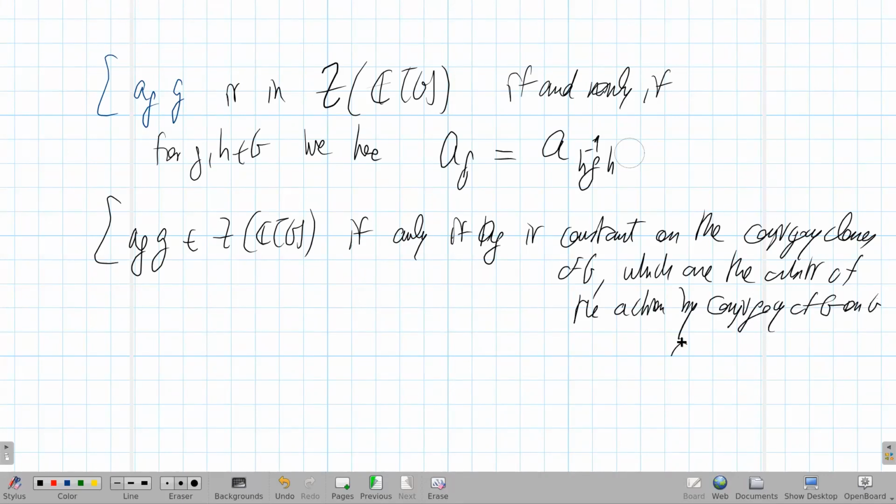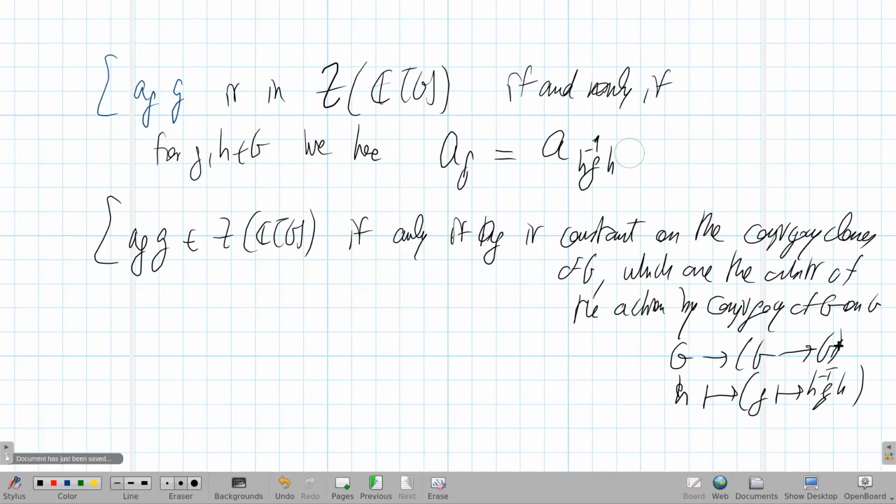As an action, it has to send H to a map, and the map is the map that takes G to H G H inverse. Conjugation. Good, but then if this is constant on the conjugacy classes, let C1, ..., CS be the conjugacy classes.